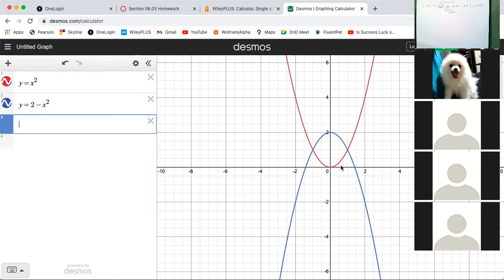So let's see what we need to do to find this. Let's first draw a picture of what's going on here. I've got one parabola, the x squared, is going to be the parabola going up.